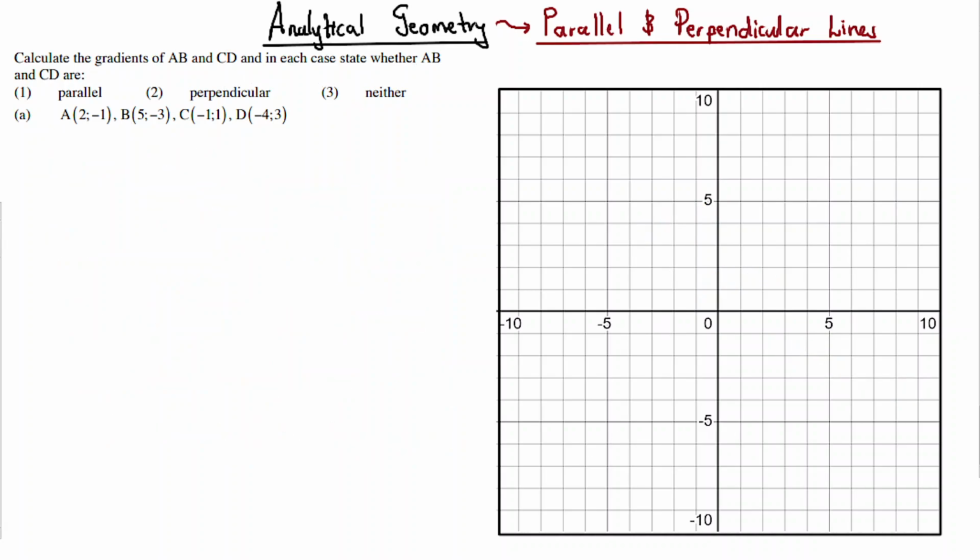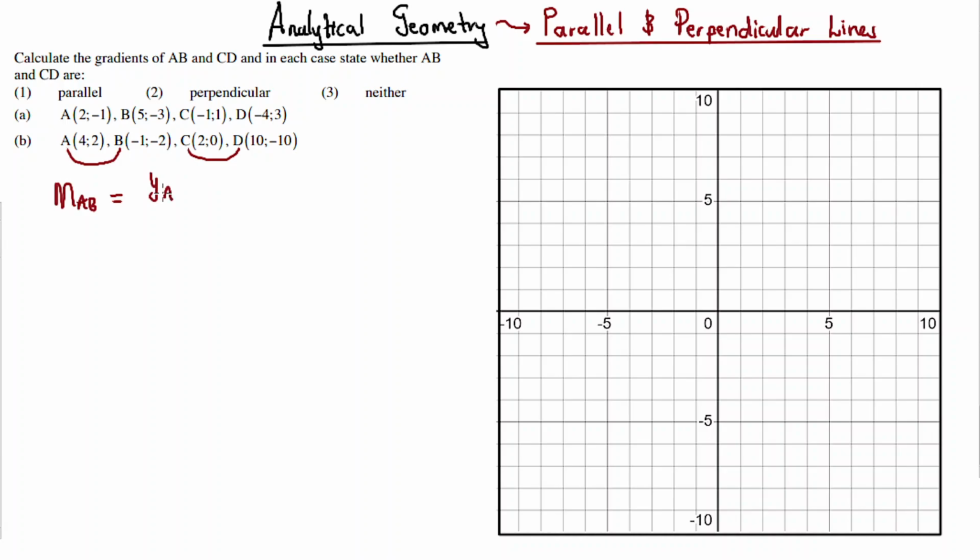Let's answer B. This time I don't want to plot the coordinates. I'm just going to go straight to calculating the gradient of AB and the gradient of CD. Let's start off by finding gradient AB.